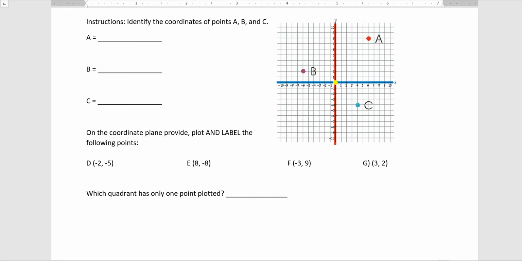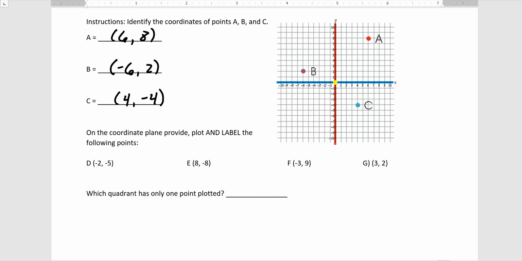We always do the horizontal and then the vertical. So this coordinate point would be 6, 8, which tells me right 6, up 8. Now for B, I went left 6 and up 2. So this one would be negative 6, 2. And for C, I went right 4, down 4. That put me in the fourth quadrant, so it would be 4, negative 4.